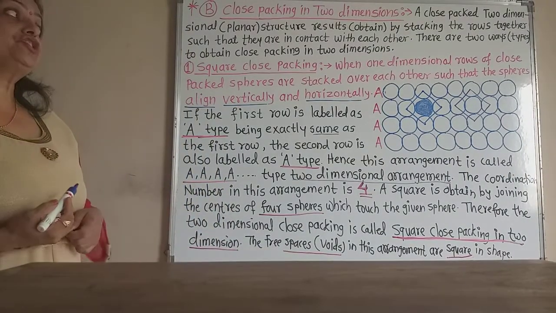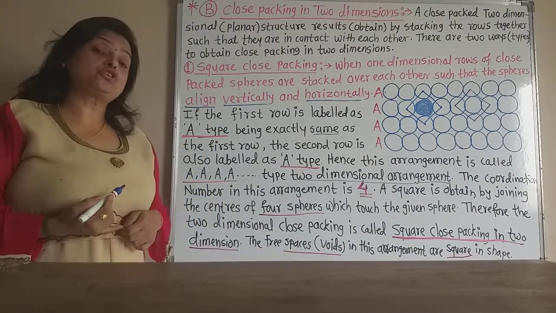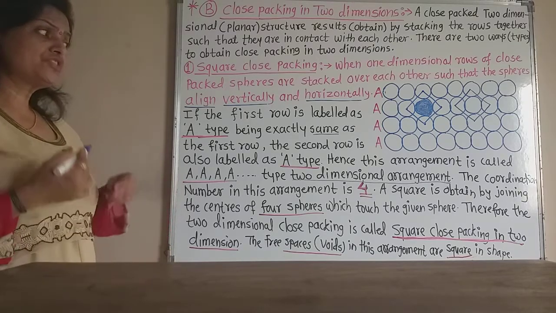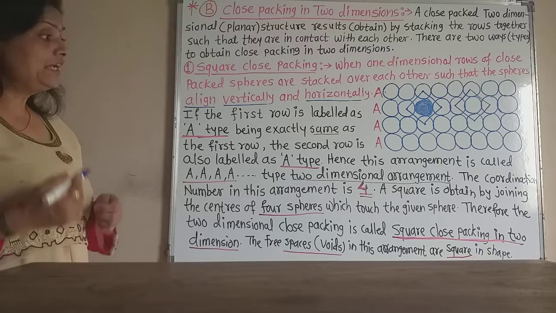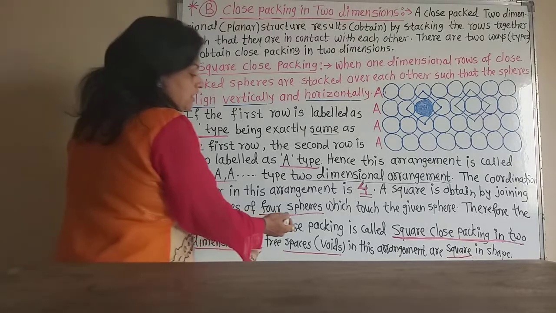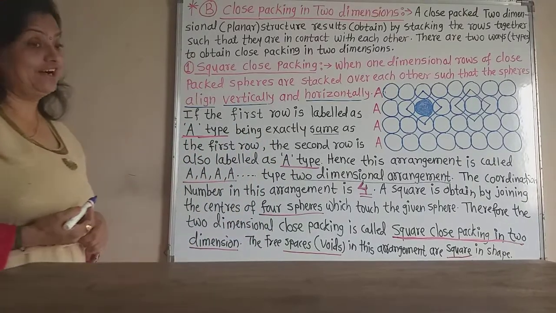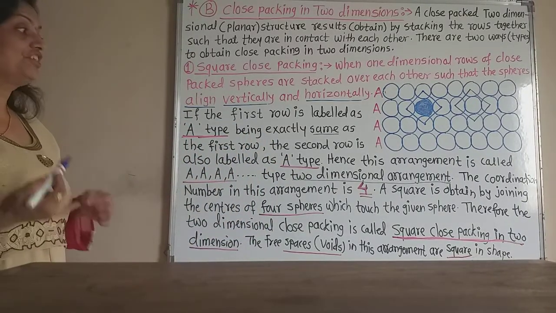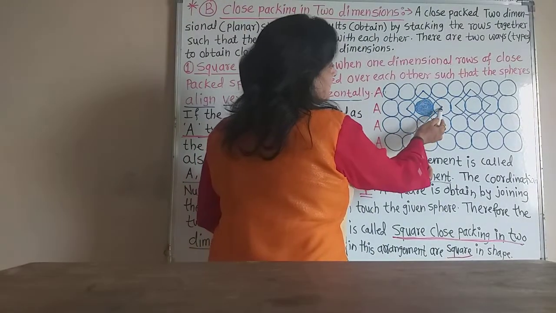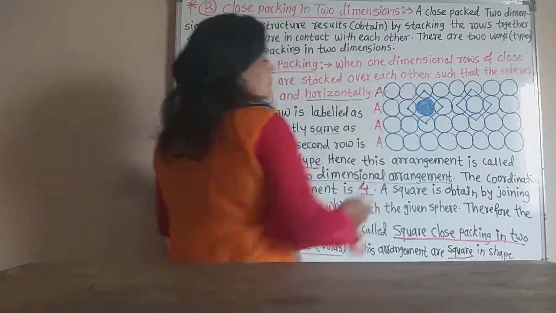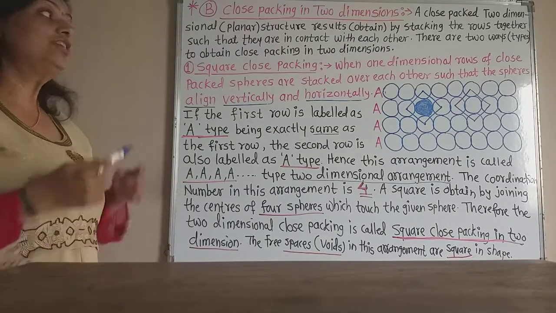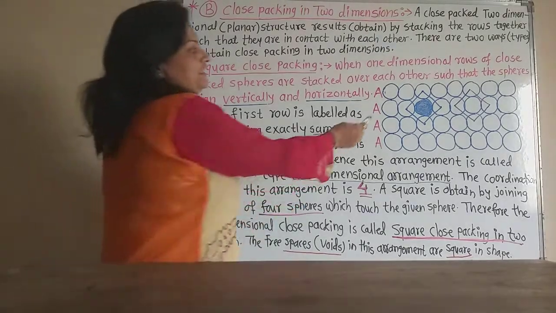So the coordination number in two-dimensional square close packing is 4. The square is obtained by joining the centers of the neighboring 4 spheres which touch the given sphere, as shown in this figure.